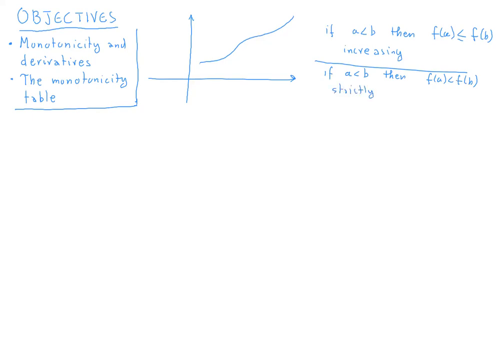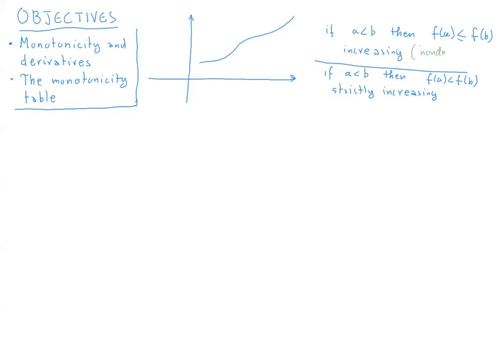Now, there are some other possibilities for the terminology here. So sometimes people call what I called increasing non-decreasing, and what I called strictly increasing, they just call it increasing.